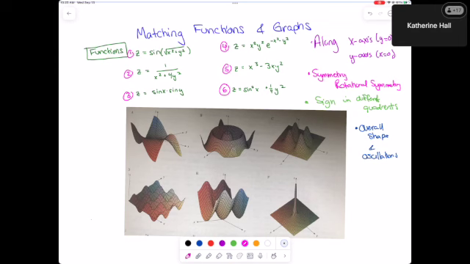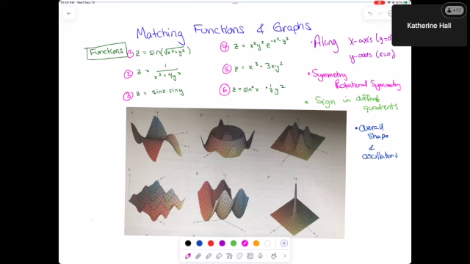That's like when you take a shape and rotate it around the z-axis. We saw that in the cone, z squared equals x squared plus y squared, and in a paraboloid, z equals x squared plus y squared.